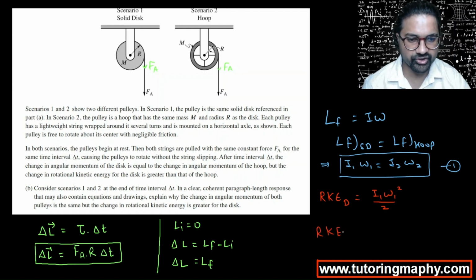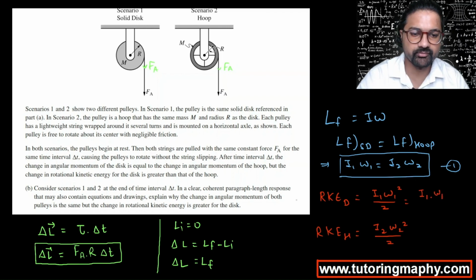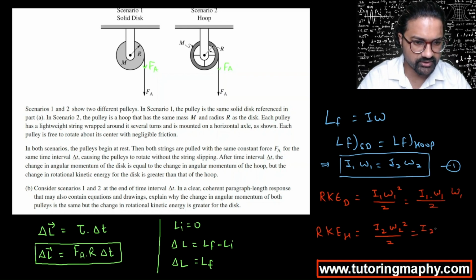The rotational kinetic energy of the hoop is given by I2 omega 2 square divided by 2. I'm going to manipulate this a little bit. Can I write it like this? I1 omega 1 times omega 1 over 2, and this can be written as I2 omega 2 over 2 times omega 2.